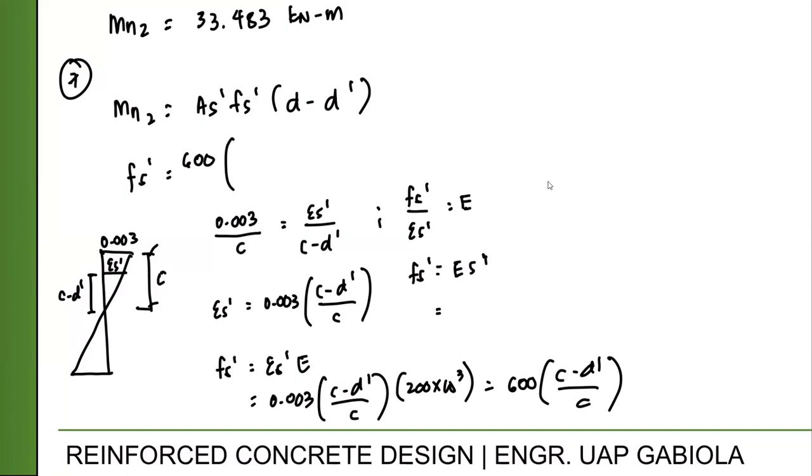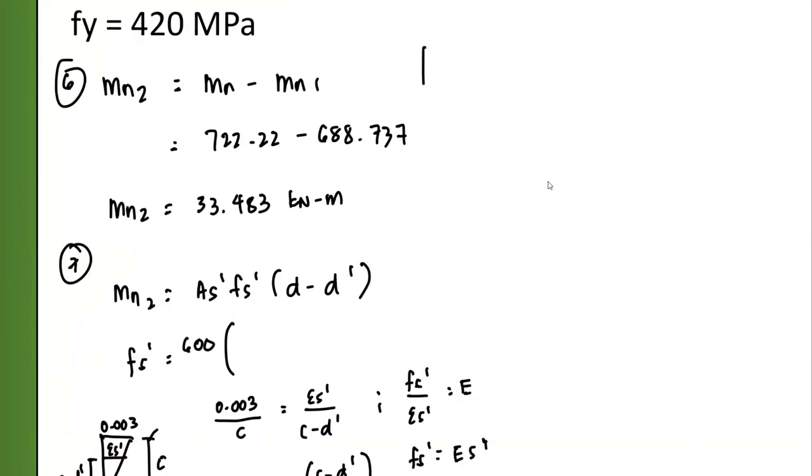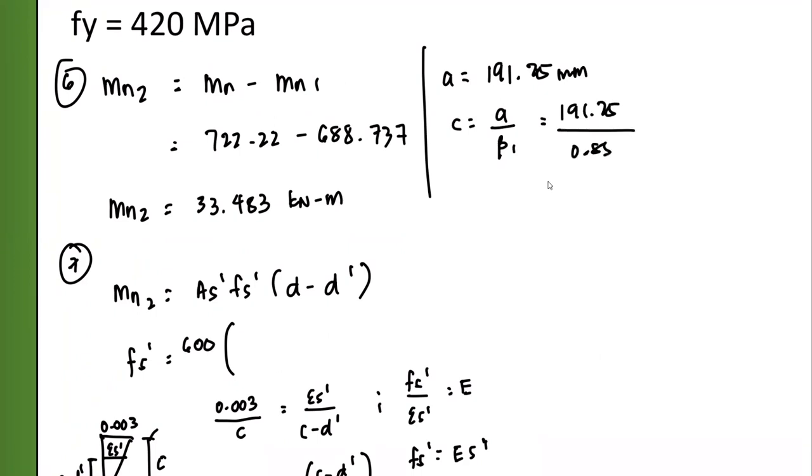So, saan natin makukuha si C? May nakalculate tayo kanina na A is equals to 191.25 mm. Okay? So, si C is just A over beta 1. So, that is 191.25 divided by 0.85. So, C is equals to 225.